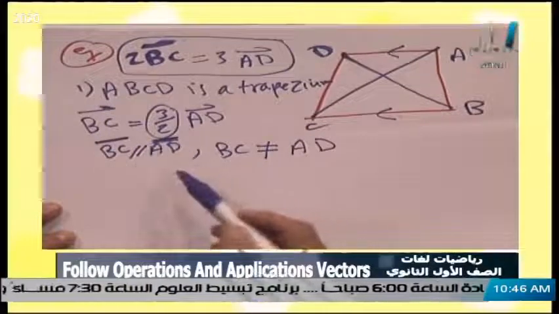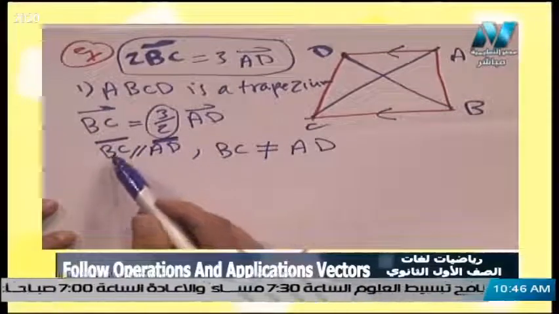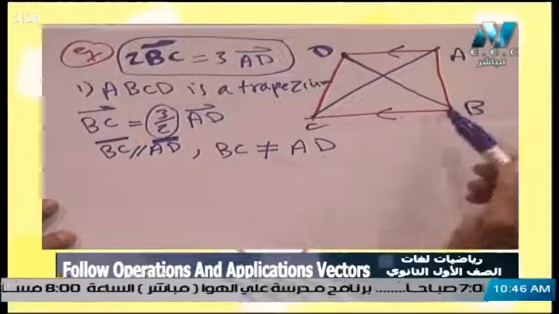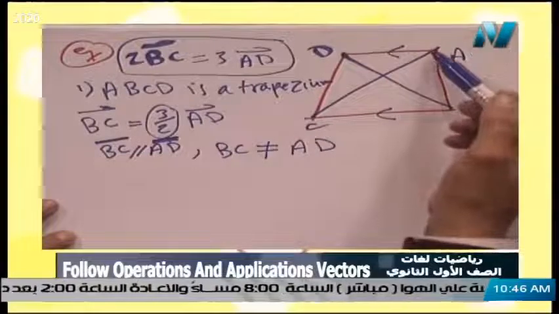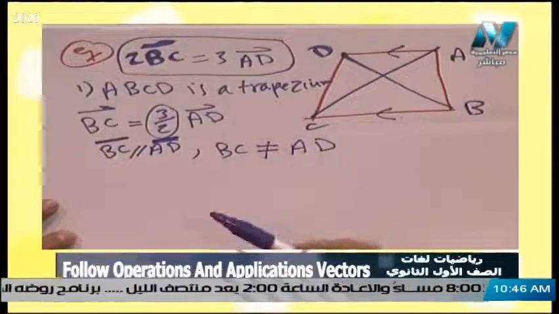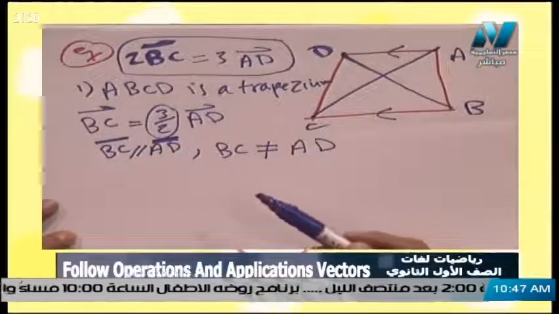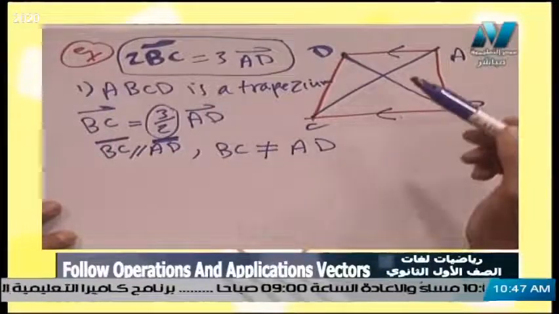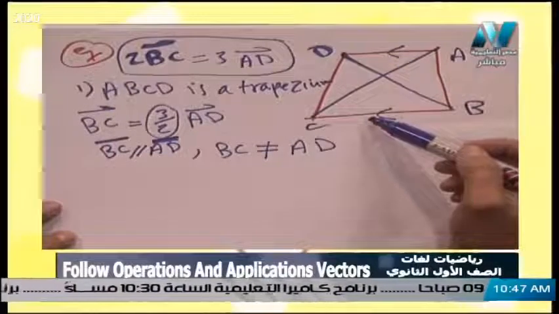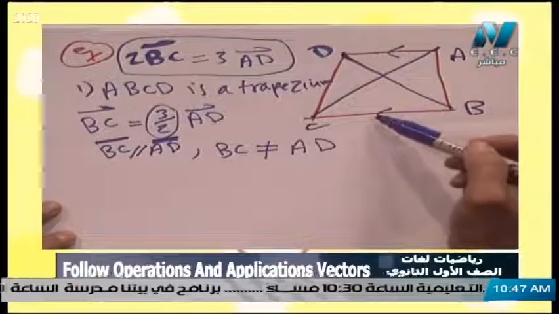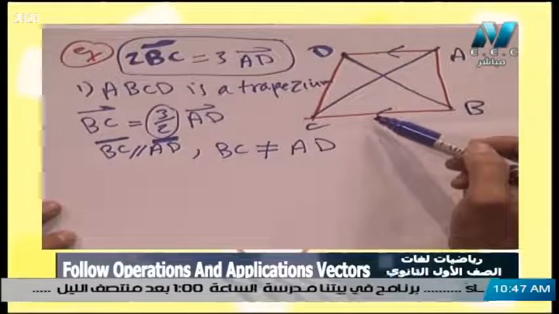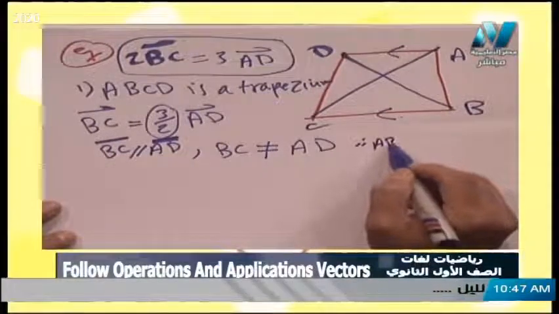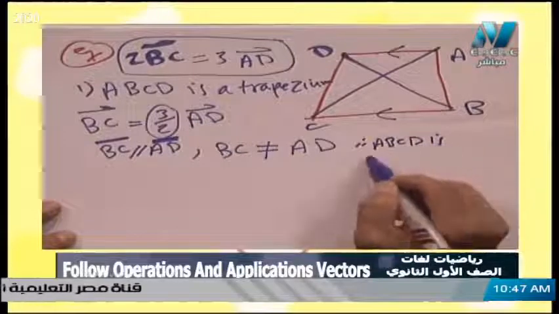We try to say that line segment BC is parallel to the line segment AD, and the line segment BC doesn't equal in length the line segment AD, so we don't put any ray or line segment or even vector. So we have here two opposite sides are parallel but are not equal in magnitude or length. So we have proved that ABCD here is a trapezium.